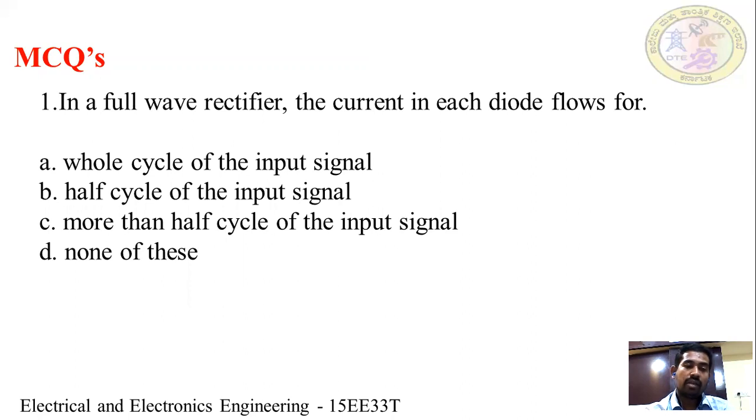Let me check the answer. That is option B, half cycle of the input signal. For a full wave rectifier, the current in each diode flows only for half cycle of the input signal, that is positive half cycle and negative half cycle. Only one half cycle is used in each diode.